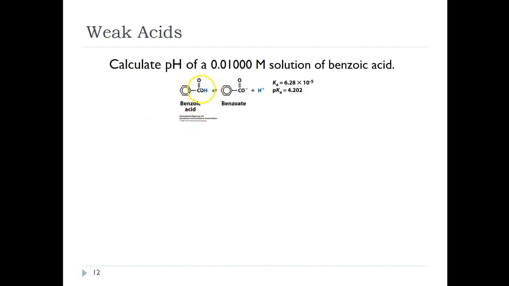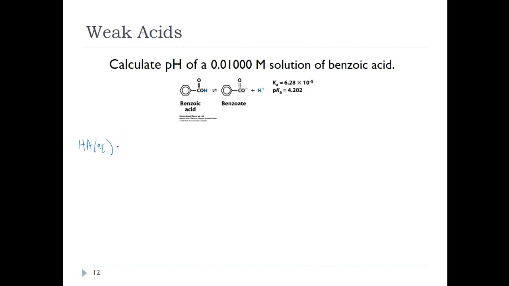The hydrogen highlighted there, that's the hydrogen that will be donated. So it actually shows here an equilibrium constant expression showing benzoic acid, A minus, the benzoate ion, and hydrogen ion. But just to be consistent, I'm going to go ahead and rewrite the equilibrium constant expression only using HA to represent benzoic acid.